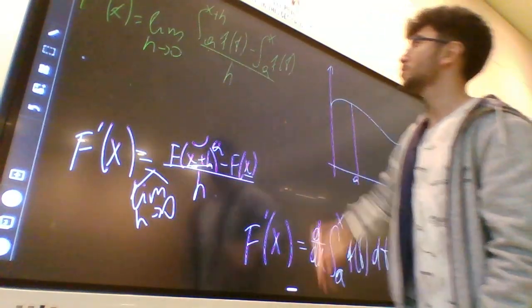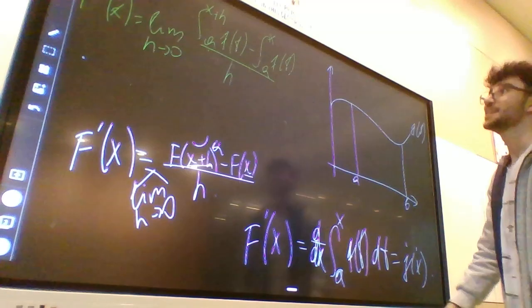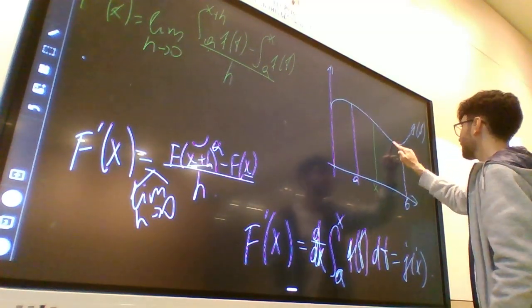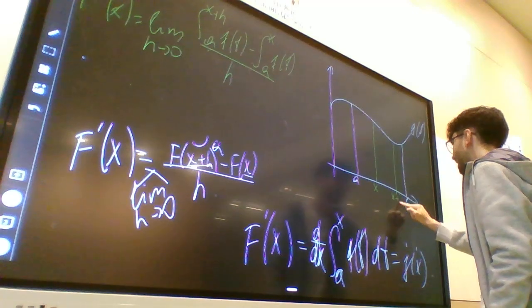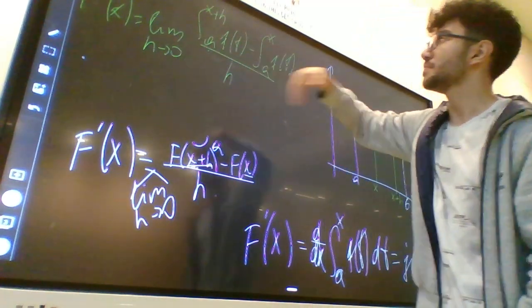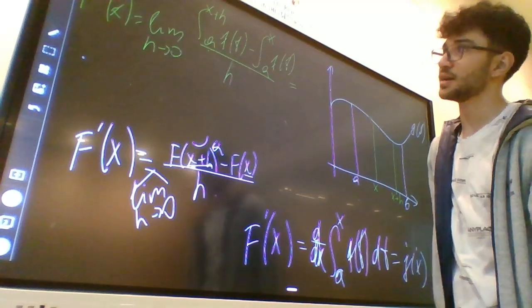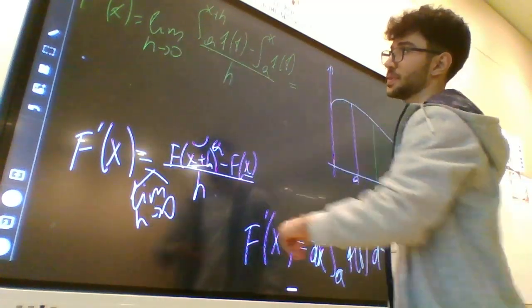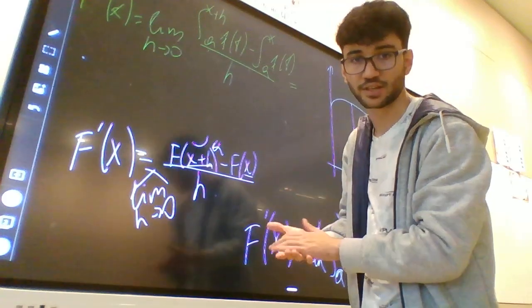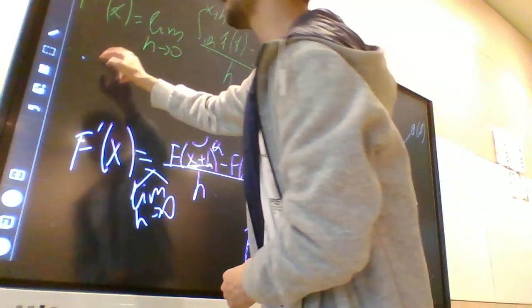Let's draw this formula in this graph, okay? So, let's draw x and x plus h, yes? What is the answer of this formula? If you solve according to the integral equations, you will get this point.